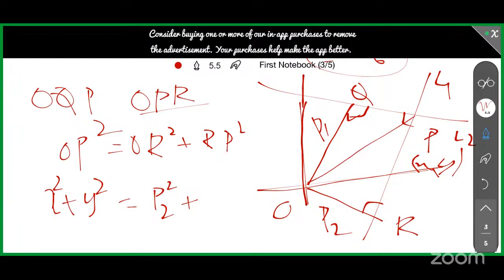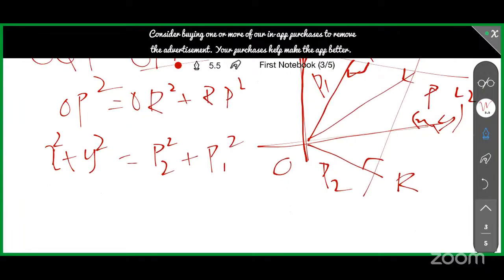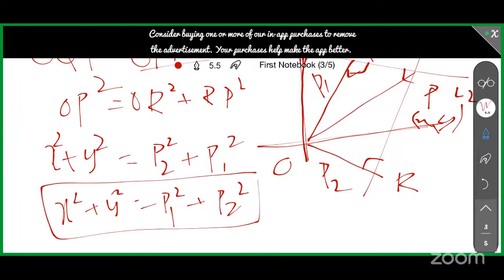Therefore, the possible thing here is OQ is equal to PR, that is equal to P1 square. So what is happening? x square plus y square is equal to P1 square plus P2 square. This is the locus of our line.